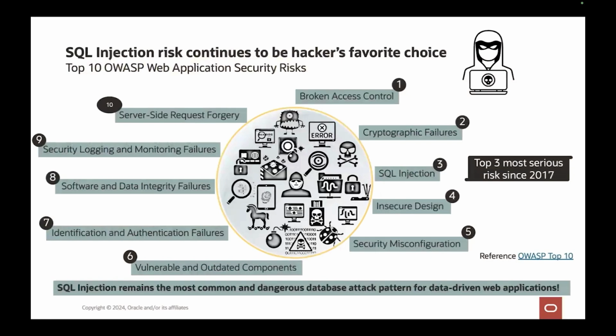Now, just to give you a flavor of the risk factor that we are dealing with, this risk has been in the top 10 OWASP web application security risks, and it's not just been discovered a year or two back, right? It has been the top 3 most serious risks since 2017.